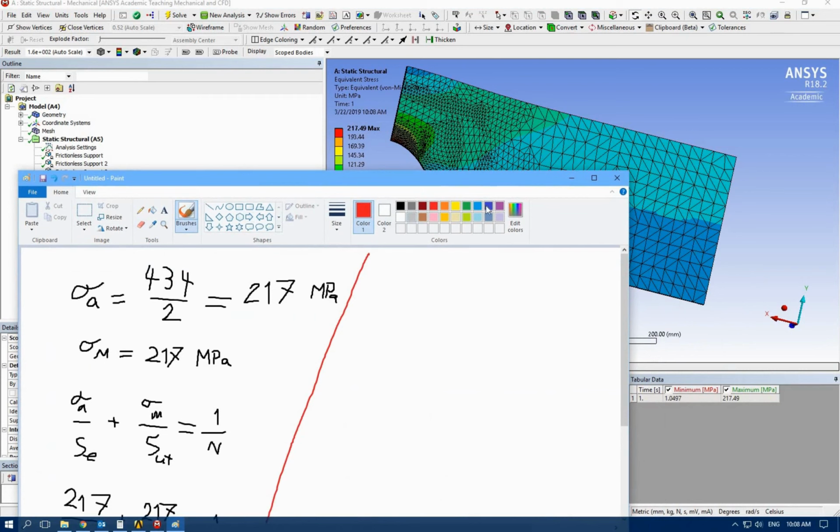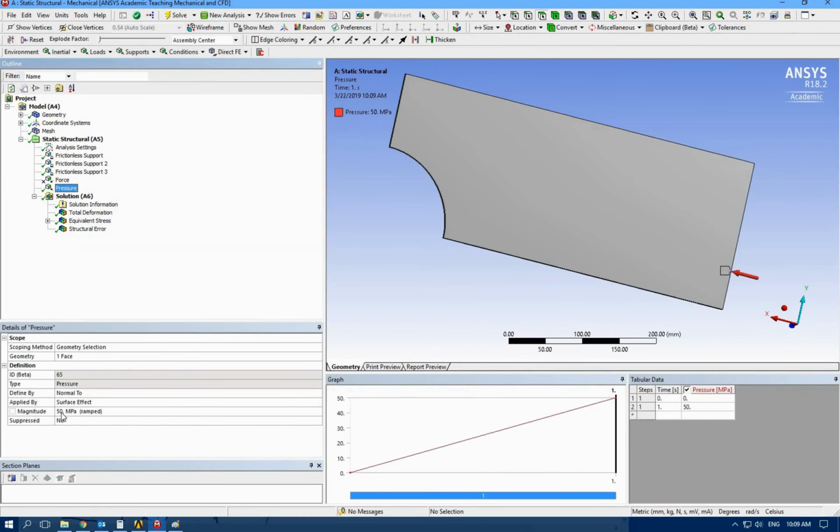So for case 2, sigma max is 217 megapascal. Let's find minimum stress. To find minimum stress, I need to change the direction of pressure and solve it.